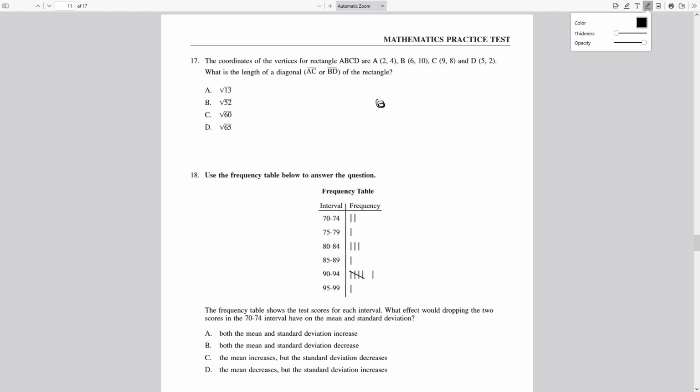Alright, hold on. This is all positive, so let's just draw this. 2, 4. This is A. So this is 2, 6, 10. And then 3 over.